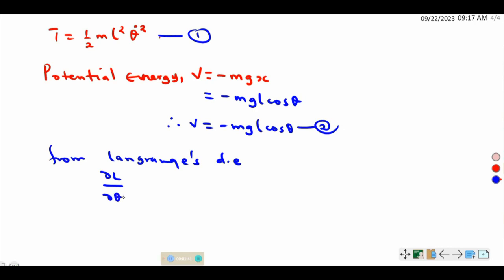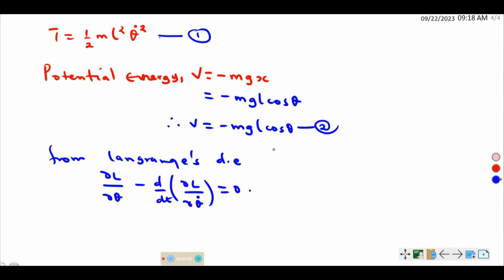So it will be del L del theta minus d dt of del L del theta dot, which is equal to 0. So that is what we are having now. Our interest will be to get del L del theta and to get del L del theta dot.